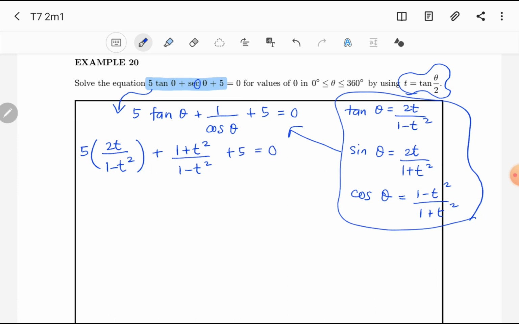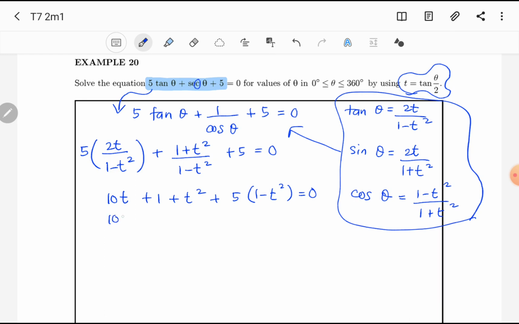Next we try to equate the denominator. So we will get 10t plus 1 plus t squared plus 5 times 1 minus t square equal to 0.